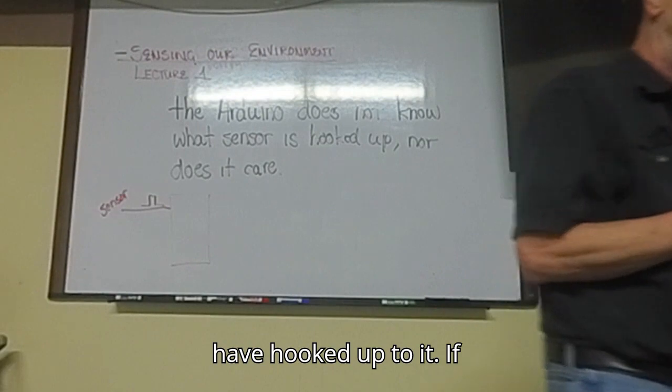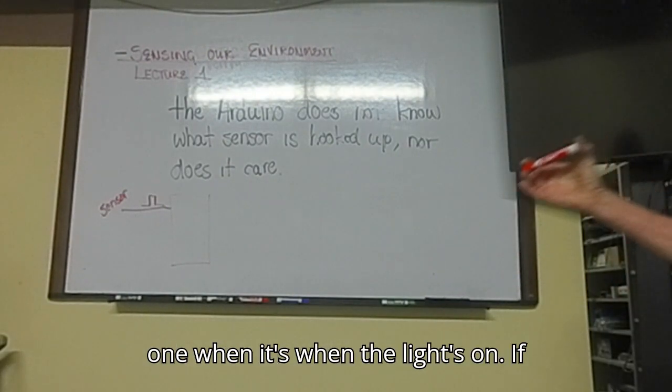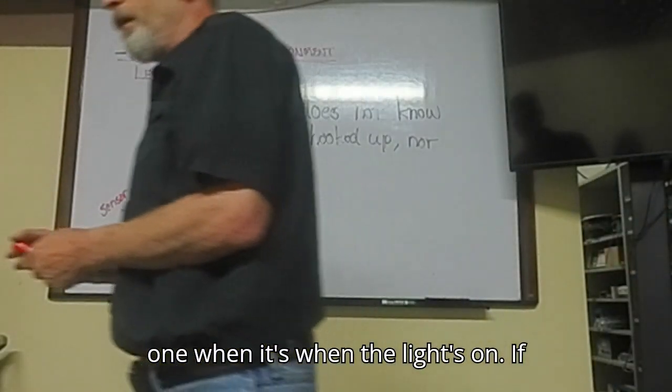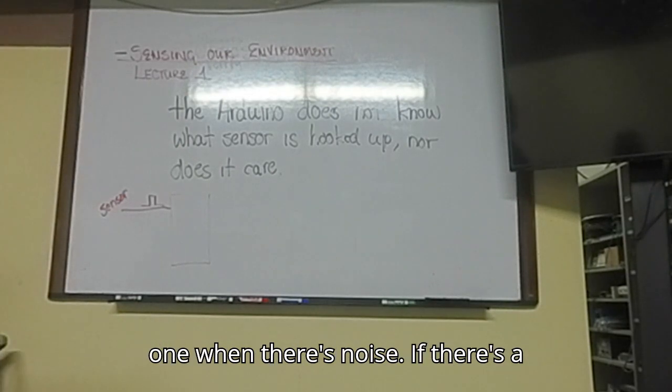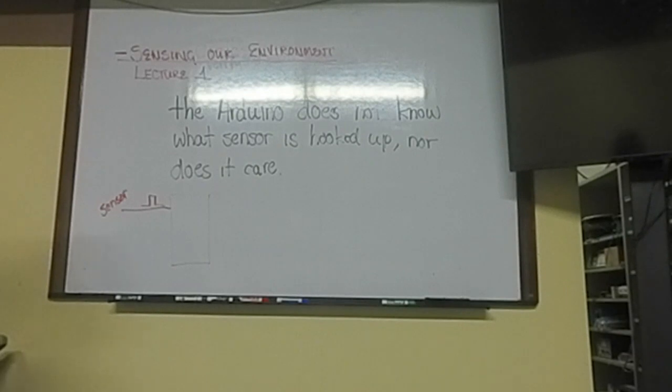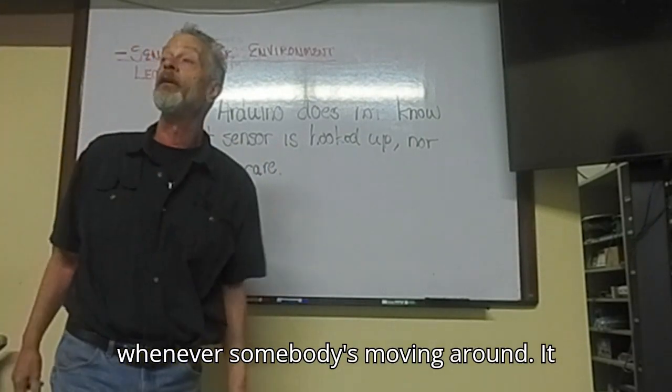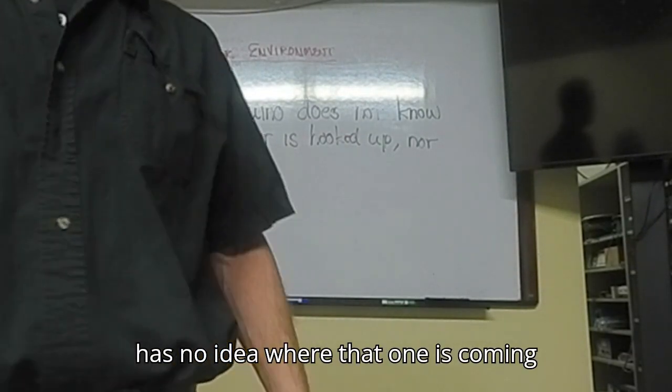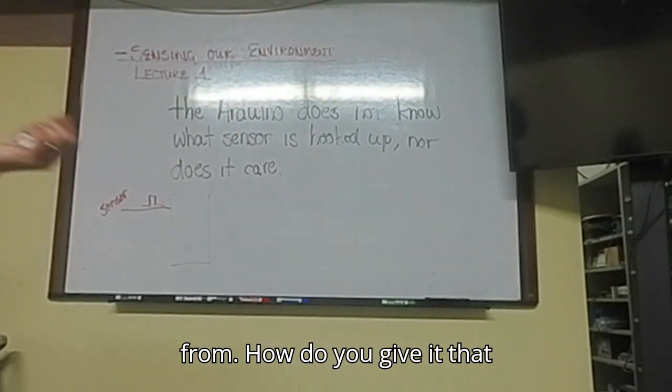If it's a light sensor, it's going to get a 1 when the light's on. If it's a sound sensor, it's going to get a 1 when there's noise. If it's a motion sensor, it's going to get a 1 whenever somebody's moving around. It has no idea where that 1 is coming from.